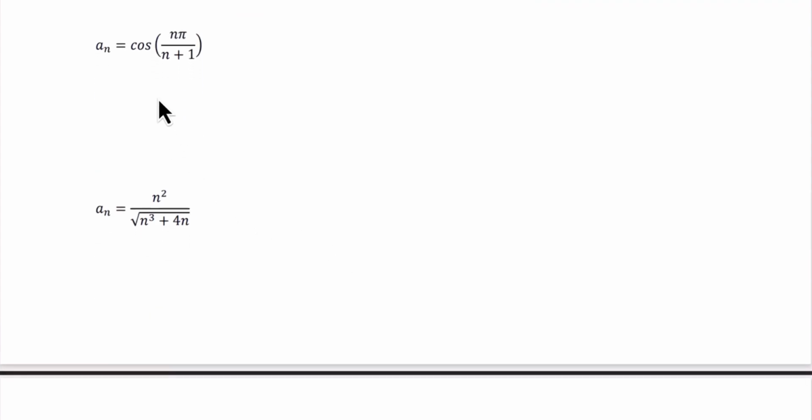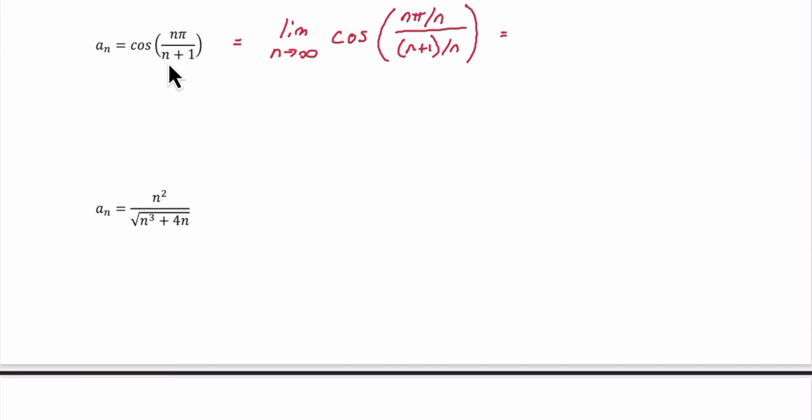In the next example, let's again think of this as a limit, and we can divide by the highest power of n that occurs in the denominator. So we'll take the limit of cosine, divide the top by highest power that occurs in the denominator, which is n. So that is n pi divided by n, divided by n plus 1 divided by n. Limit as n approaches infinity. In the numerator of the cosine function, we get pi.